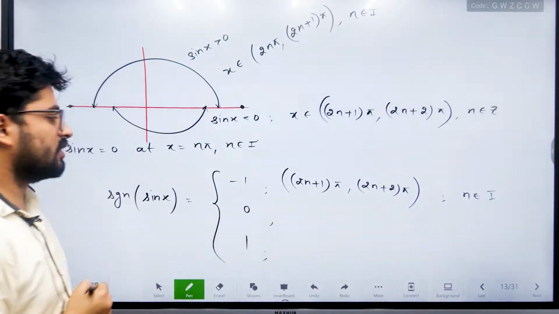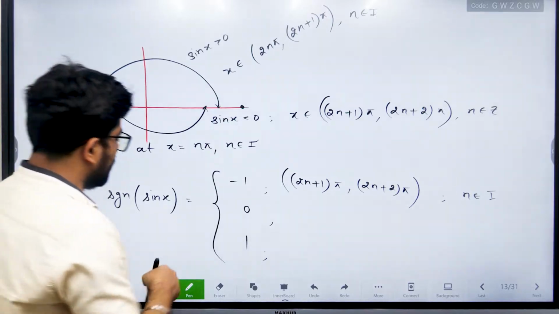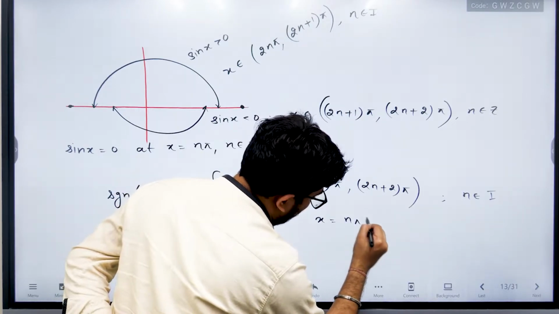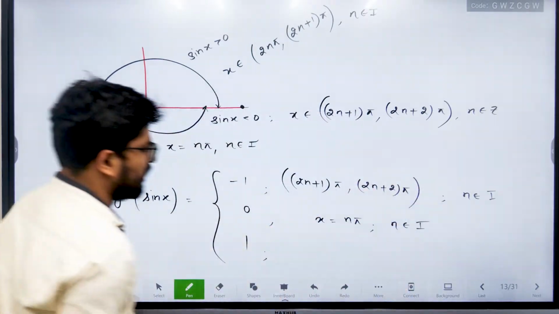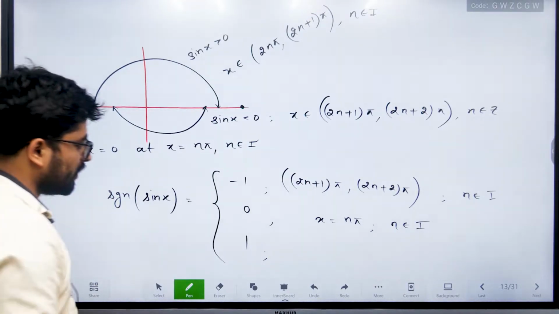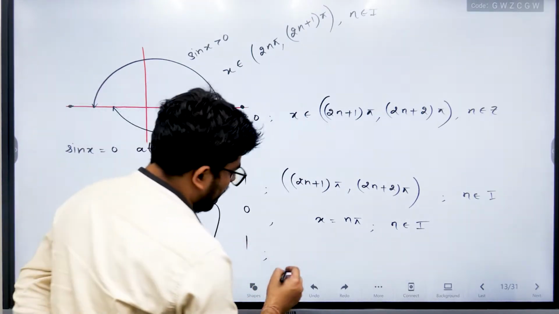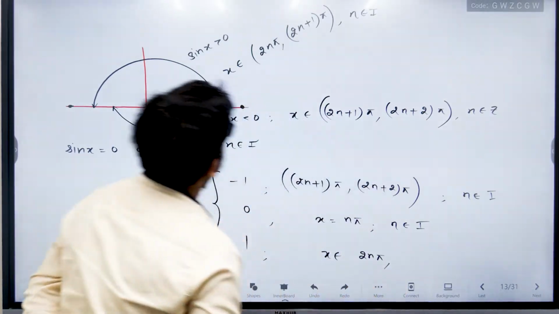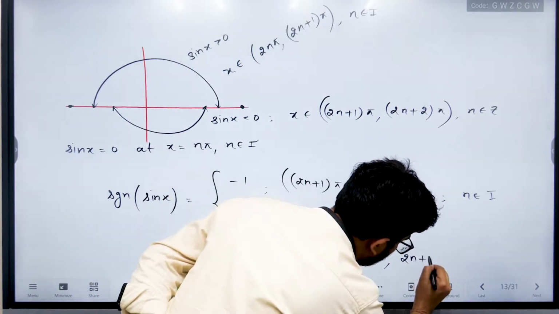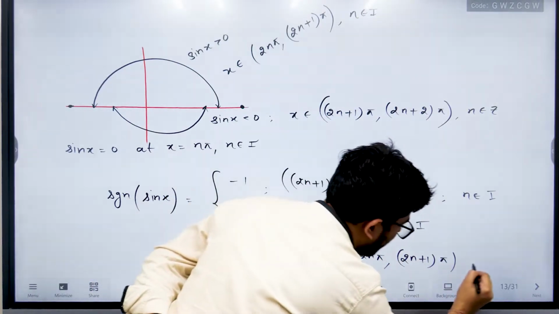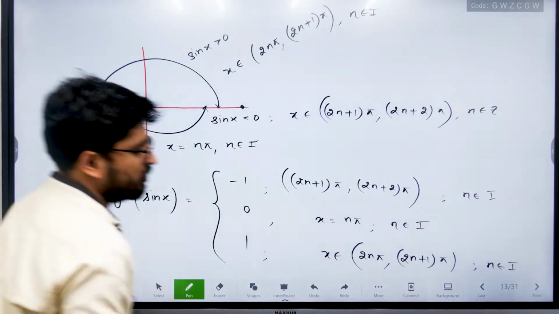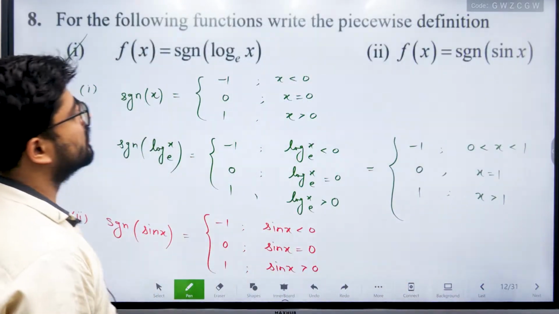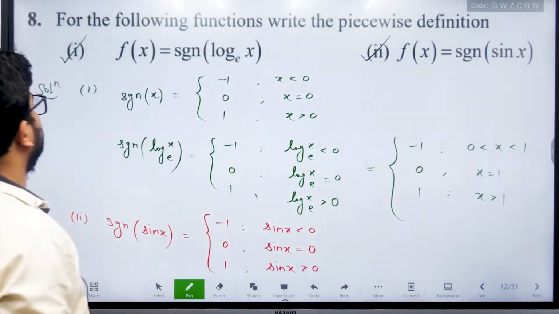Yes, sin is negative and signum gives you minus 1. Sin is 0 at x equal to n pi, where n belongs to an integer. So the value of signum is also 0. This is 1 whenever sin is positive. So sin is positive whenever x belongs to 2n pi to (2n plus 1) pi open interval, n belongs to integer. Okay, so this is the piecewise definition for your signum of sin x. Okay, this is the answer.